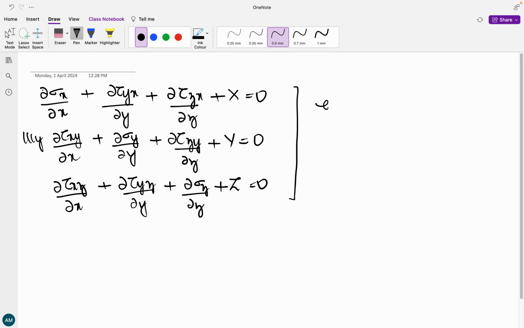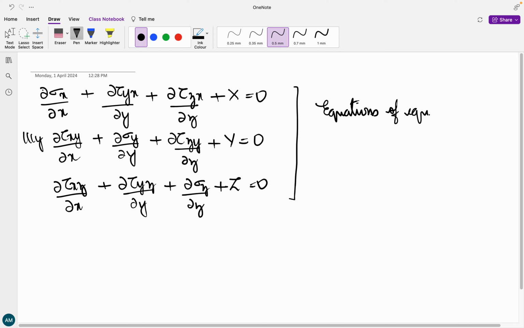This forms equations of equilibrium. We have arrived at all the three equations of equilibrium.